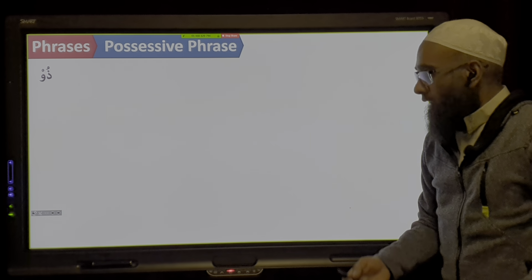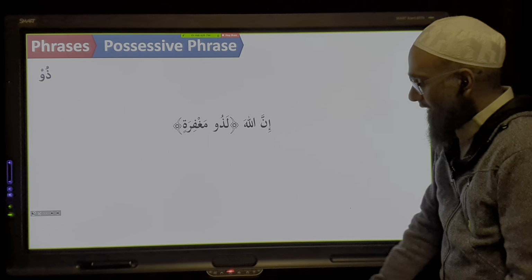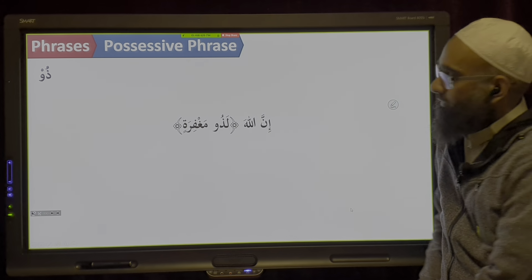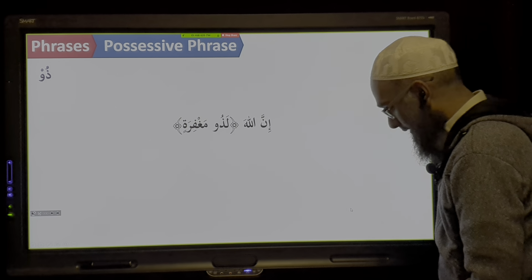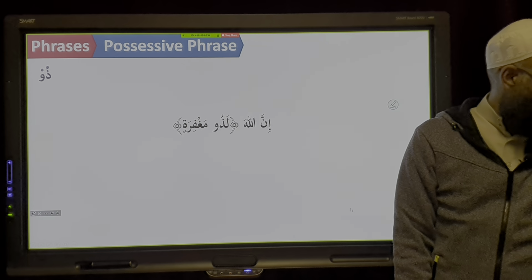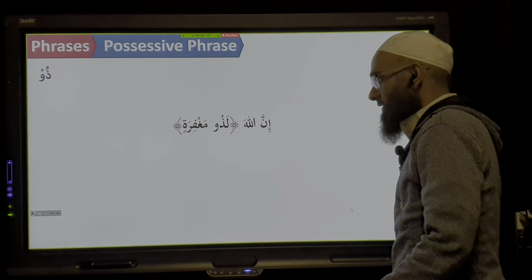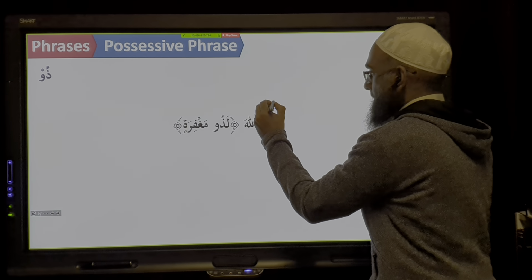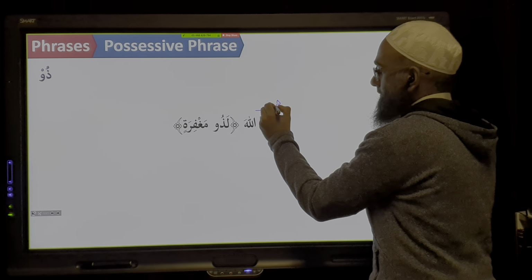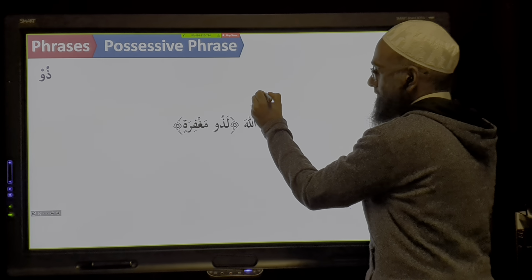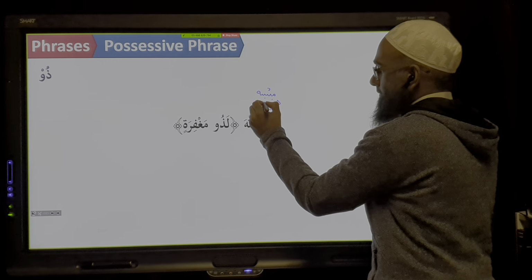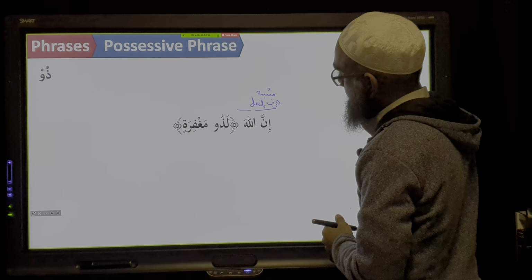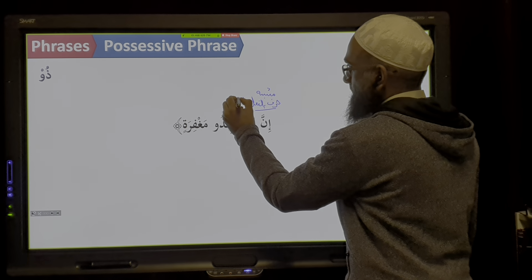Right. For example here, we have one example: Inna Allaha ladhu maghfira. How do you tarkib of this? Ji Muhammad, go ahead. Inna is harfun mushabbahun bil fa'l. The word Allah becomes ismu inna.